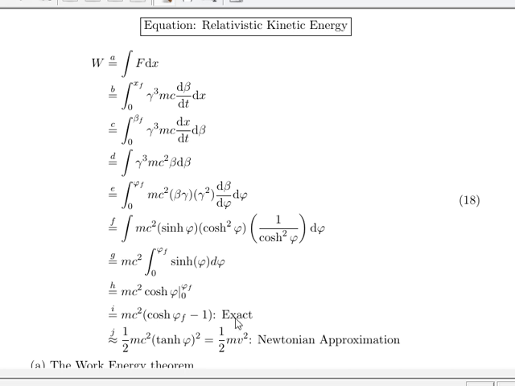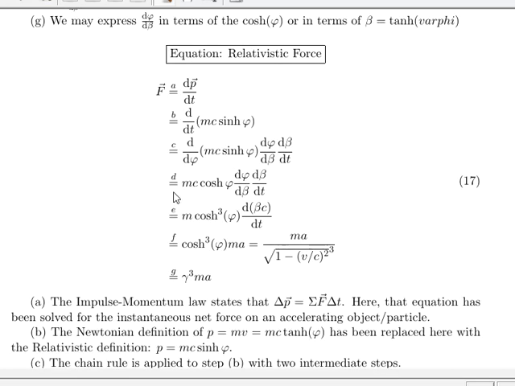And this is the exact expression that we get from assuming, what did we assume? We assumed that the momentum was mass times the speed of light times the hyperbolic sine of phi, which is different from the Newtonian expression. The Newtonian expression replaces the sinh with a tanh.